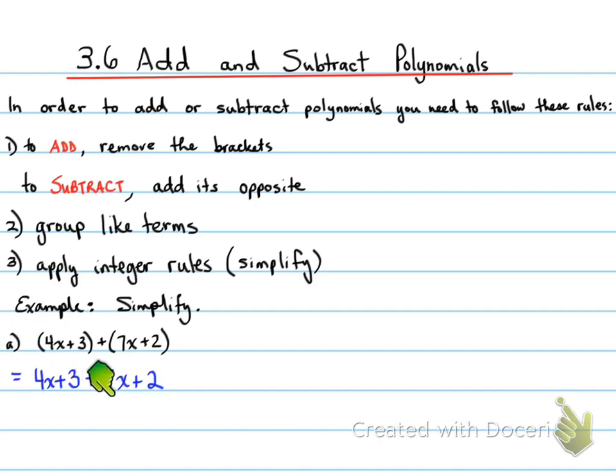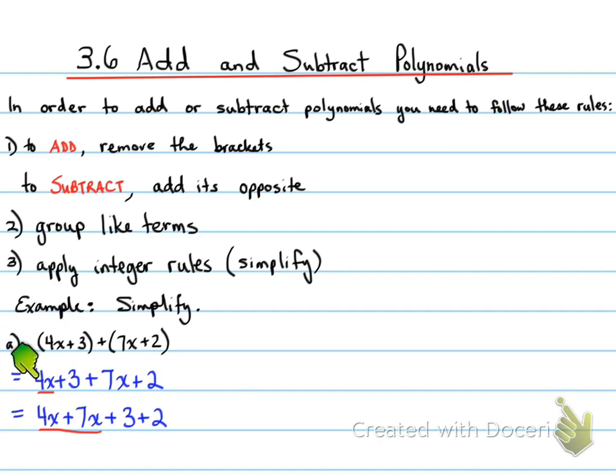4x plus 7x is 11x. And 3 plus 2 is plus 5. So we can group the like terms like this, folks, the x's together, and then the constants together, and that's combining the like terms. Or, folks, what you can do is add.